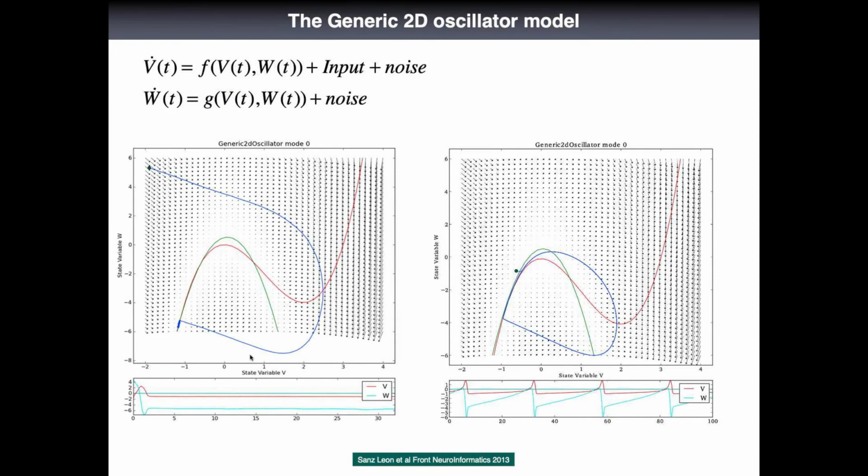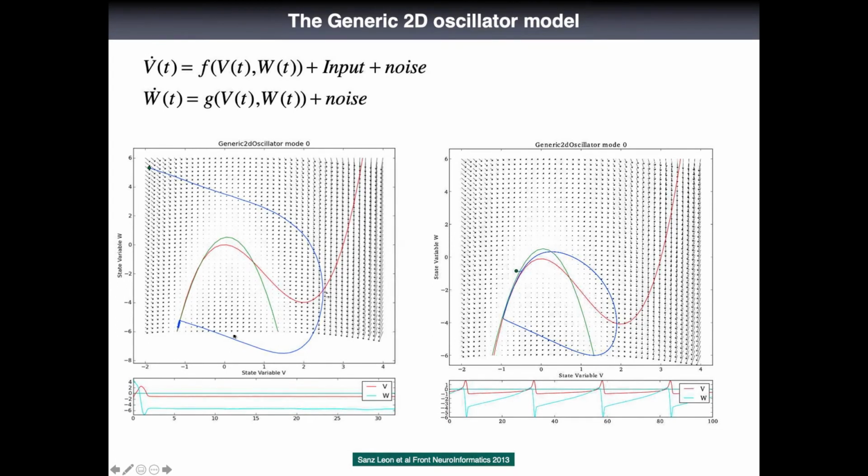Another model that is purely phenomenological is the generic 2D oscillator. Depending on the parameters, the equations of this oscillator can take completely different forms, so we don't show them here in detail. Again, depending on the parameters, we can have something like the monostable system I showed you earlier, an excitable system that can perform one cycle only and then return to an equilibrium point, as you see here.